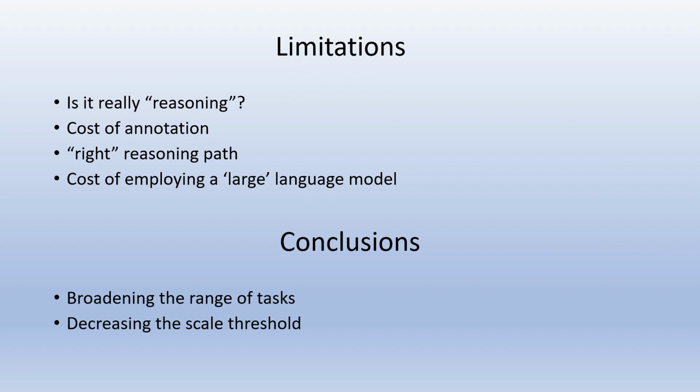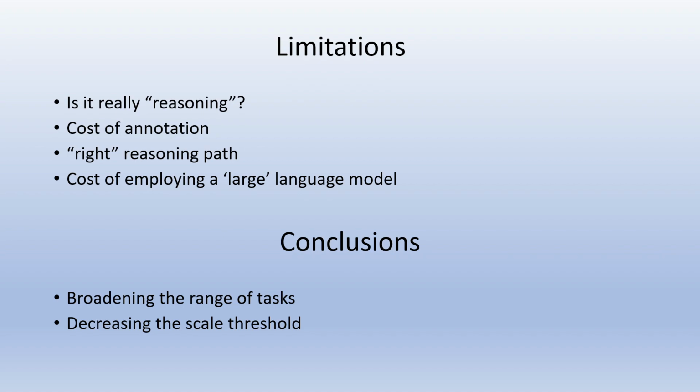As we go further, there are two parts we need to focus on. One is broadening the range of tasks that we perform. Right now it's just for three types of reasoning, but there are so many other tasks that models can be trained on to see if they perform better with chain of thought prompting, which is much better than training with a labeled data set.